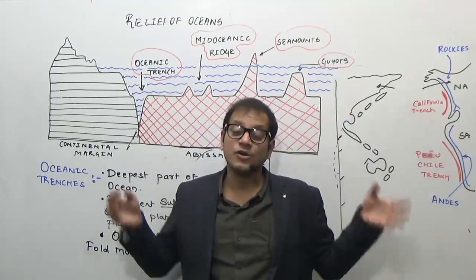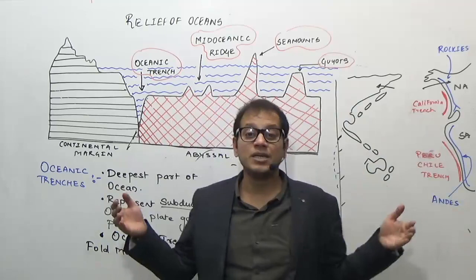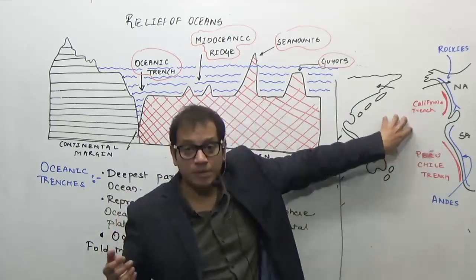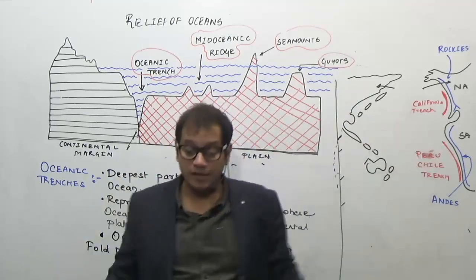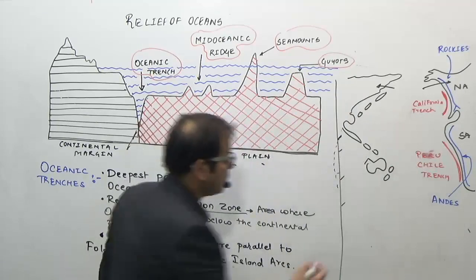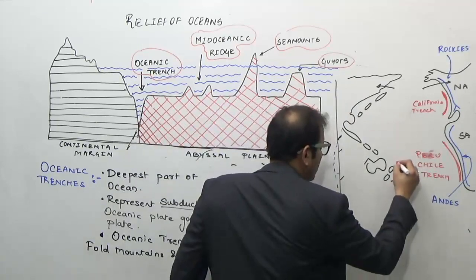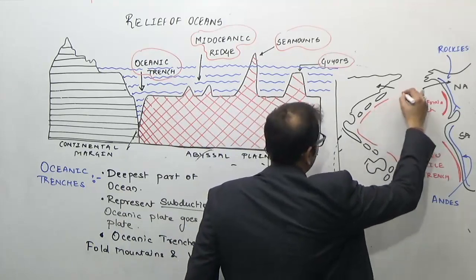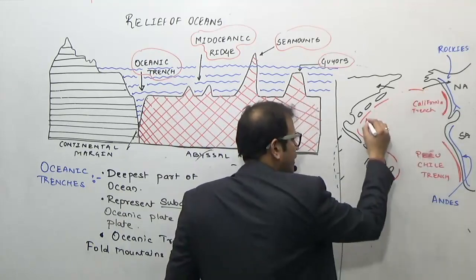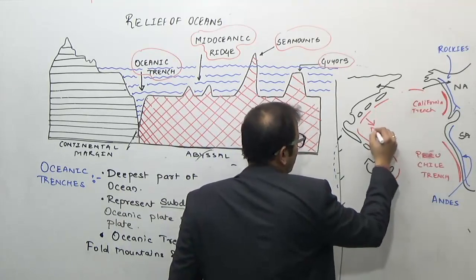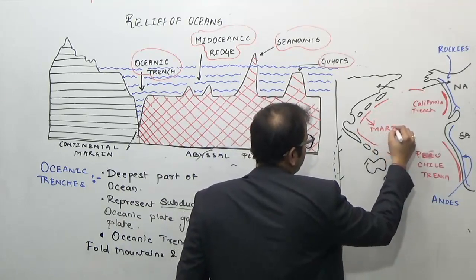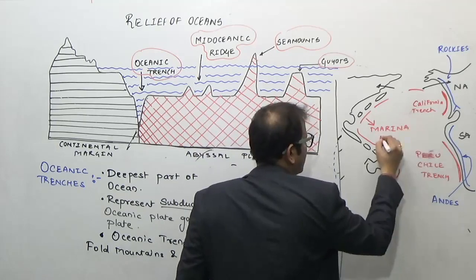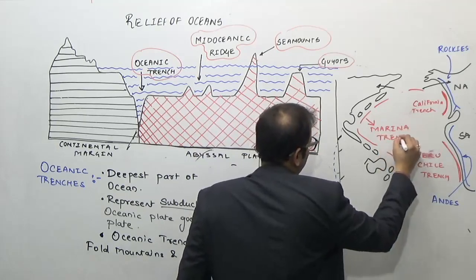Therefore, obviously continents, because they are lighter, the oceanic plate, which is the Pacific Ocean in between, is going below the continental plate. And therefore, all around this Pacific plate, you have the deepest trenches in the world. In fact, the world's deepest trench, that is the Mariana Trench, is also located in this region.